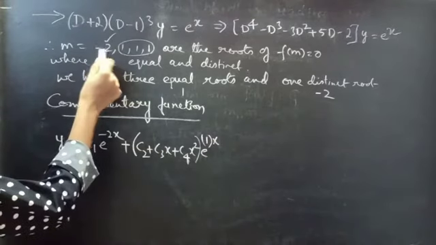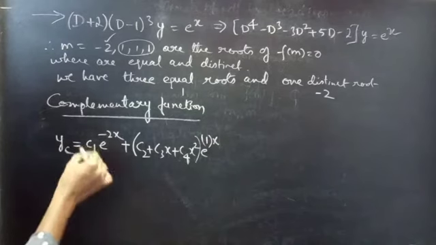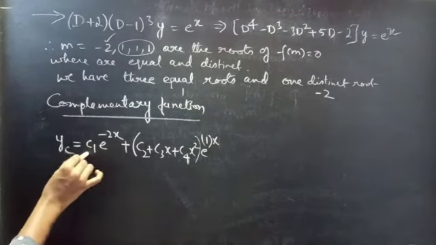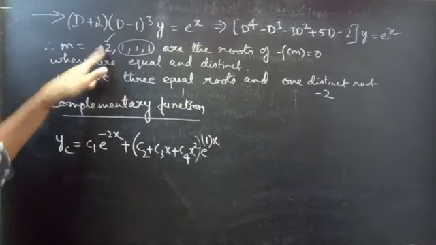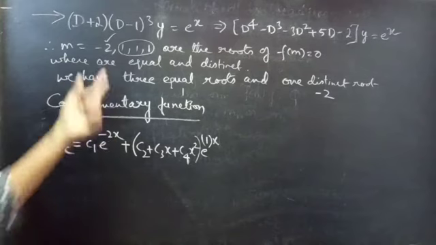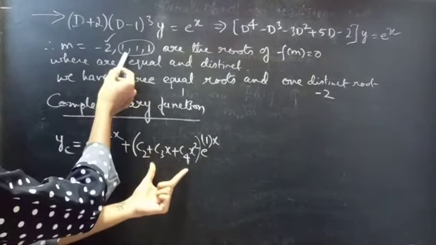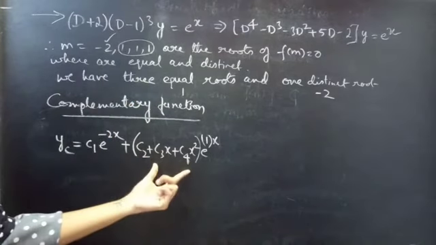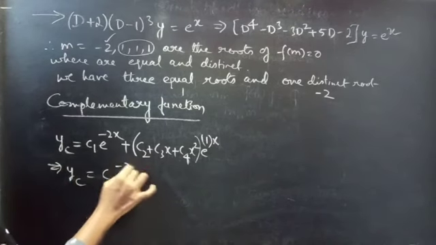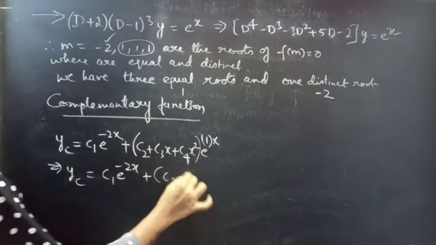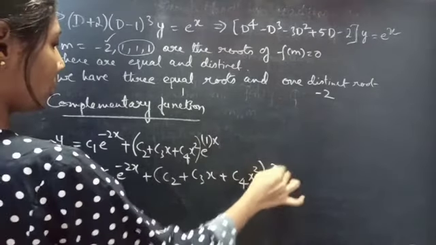Because here I am having minus 2 first, so I wrote the solution for the distinct root first, and then we wrote for the 3 equal roots. Then yc equals to c1 e power minus 2x plus c2 plus c3x plus c4 x square into e power x.